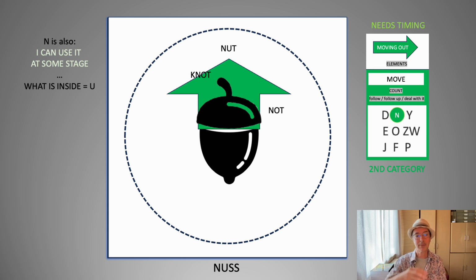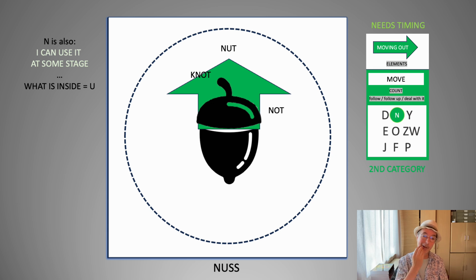In the NUSS, you have the top knot that you can even take out, because that's the non-usable part, and the usable part, which is inside, just like the U is mostly referring to what works inside, is now timed, and this timing is there.